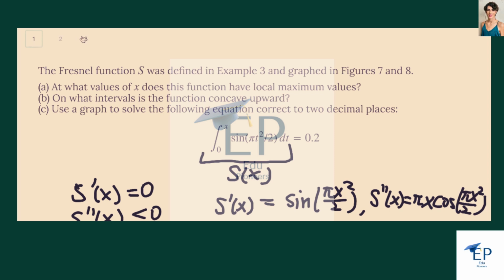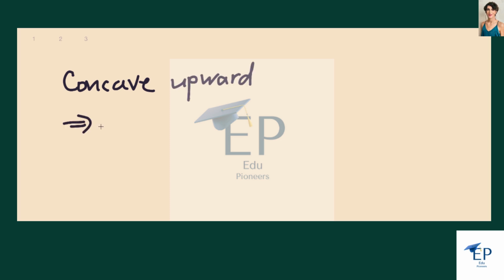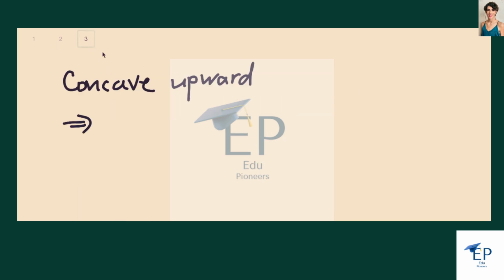And concave upward means the second derivative is positive. So we want to solve this.